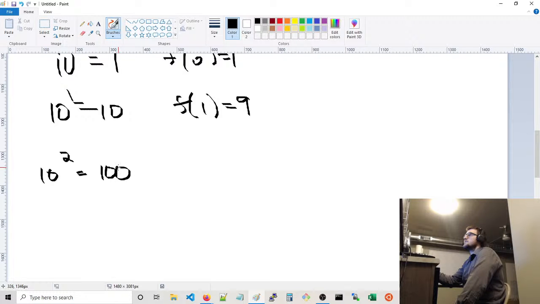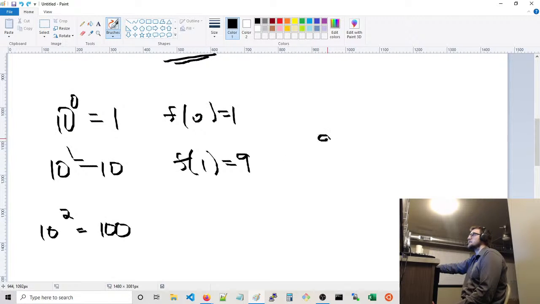Now how many numbers between 1 and 100 have unique digits? You could call it g of a range, g from some range alpha to beta, where you don't include beta.